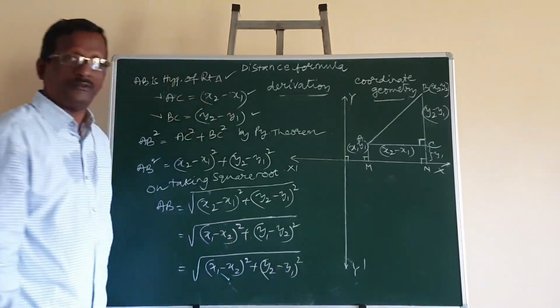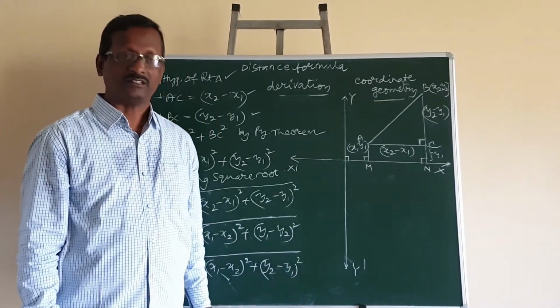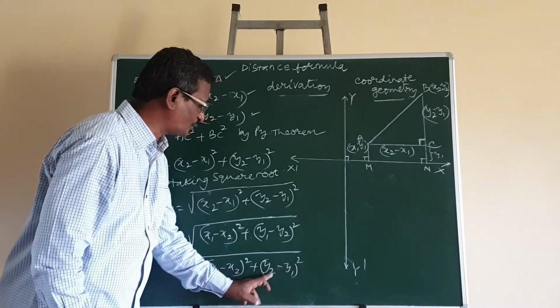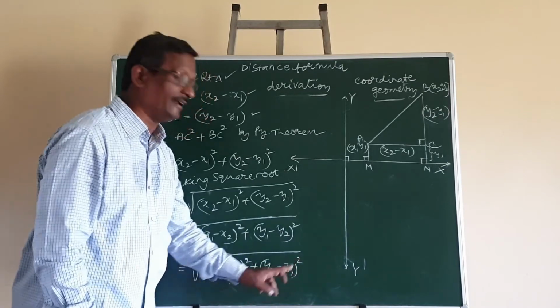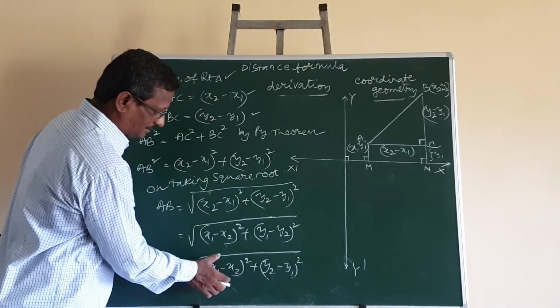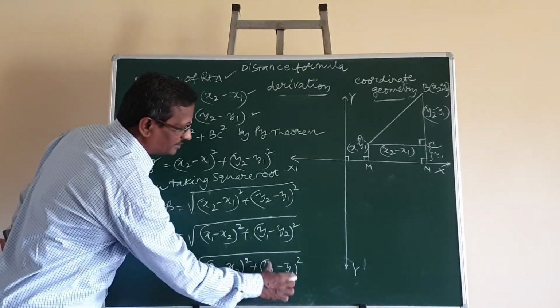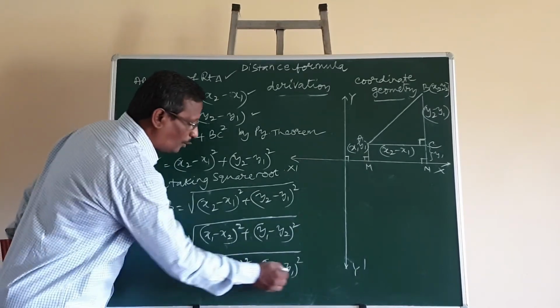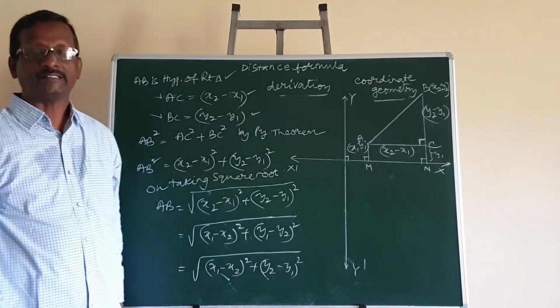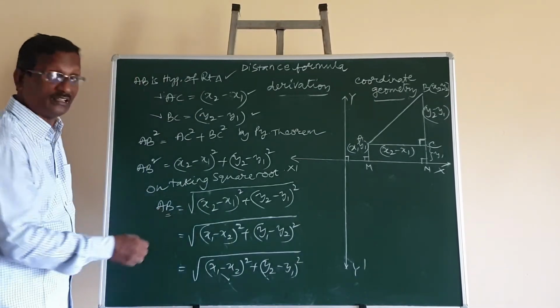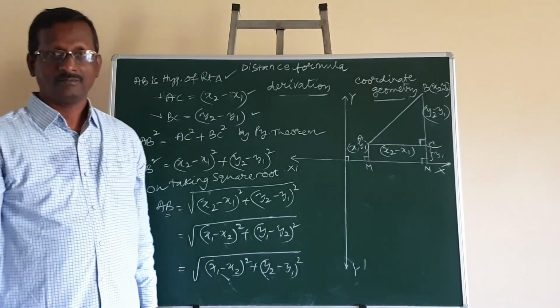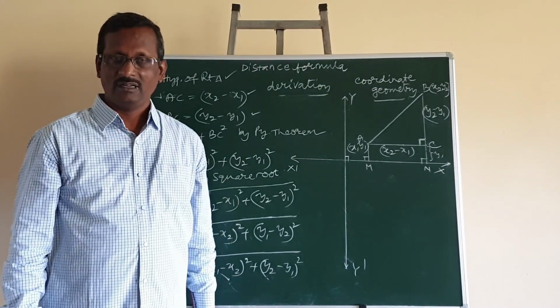Here also y2 minus y1 whole square, irrespective of the positive or negative nature of y1 and y2, on squaring is always positive. This means this is positive or 0, and this is also positive or 0. The whole value inside the square root is either positive or 0, meaning the distance is always a real number. Hope you have understood. Thank you.